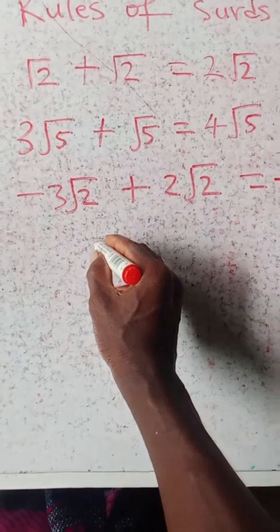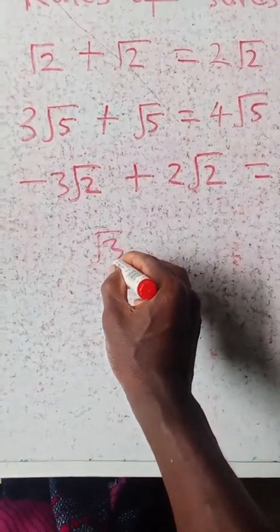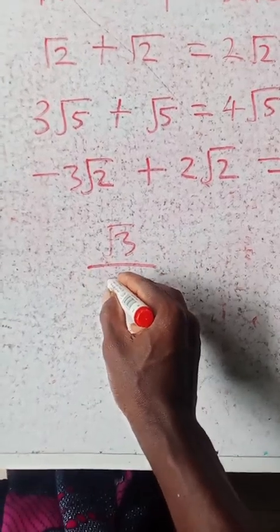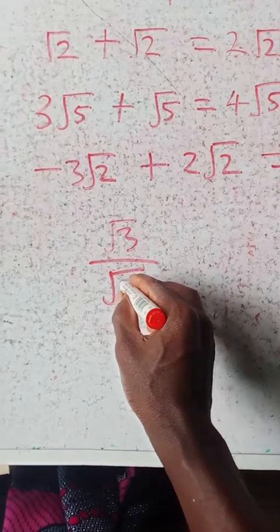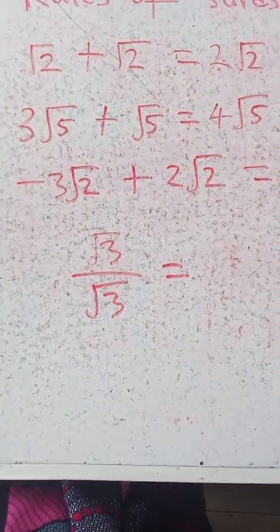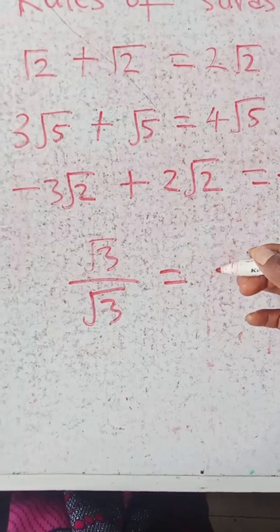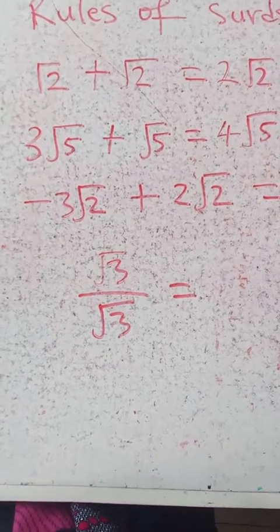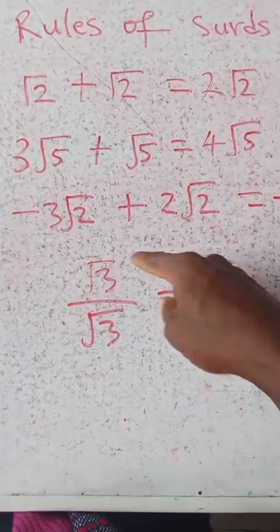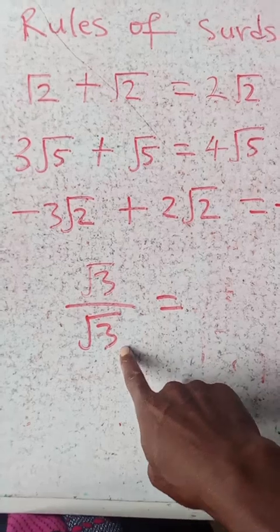If you have root 3 divided by root 3, it means you are giving a root 3 to root 3.